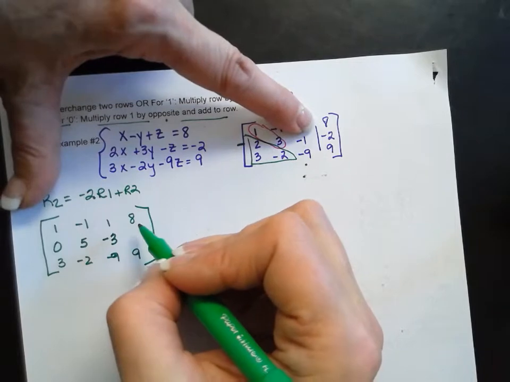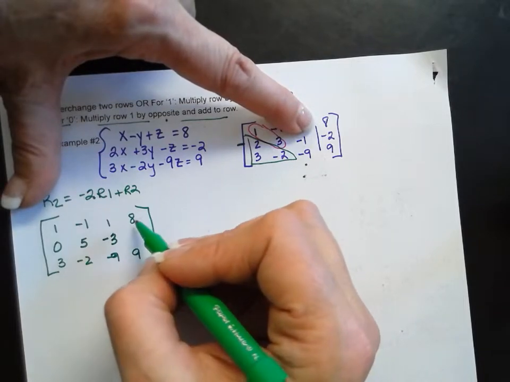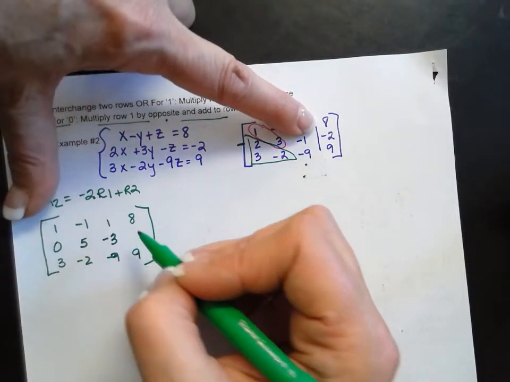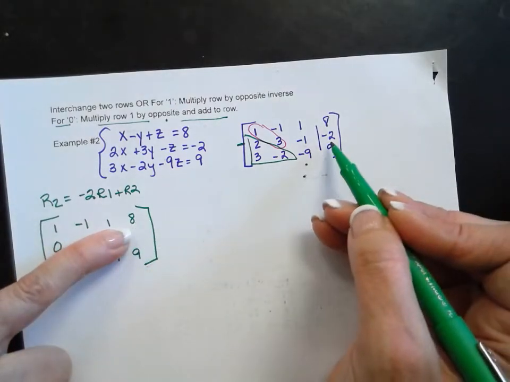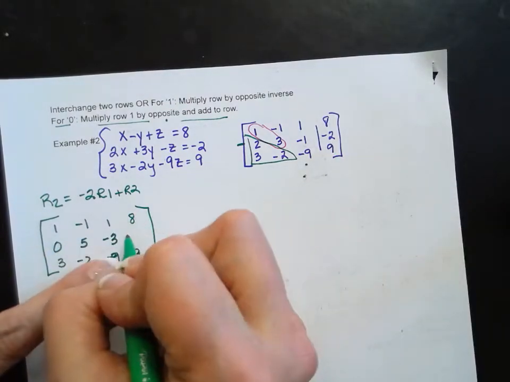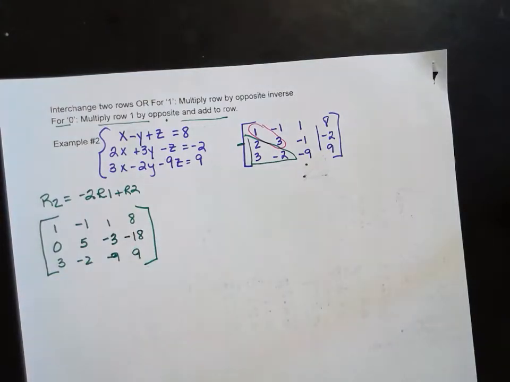And -2 times 8 is -16. -16, wait, did I say that right? Yeah. -16 minus 2 is -18. Good?